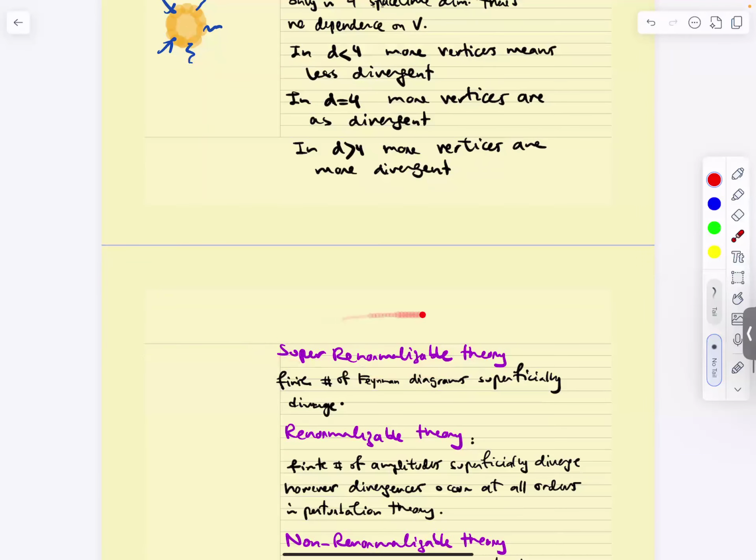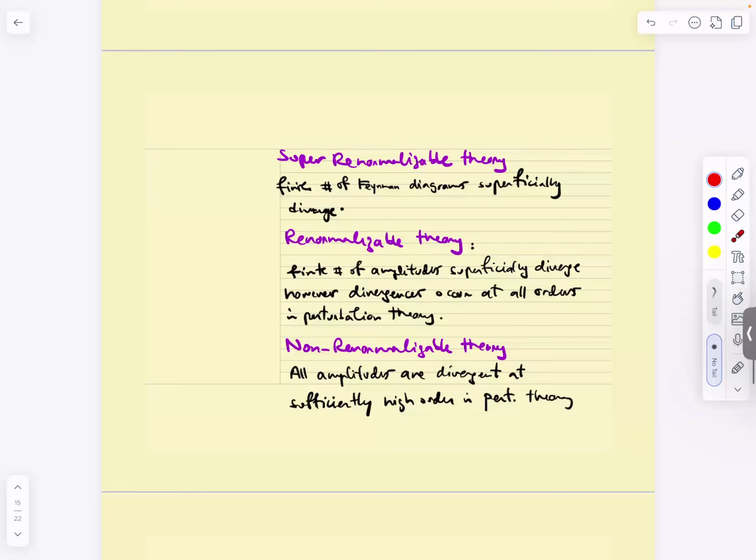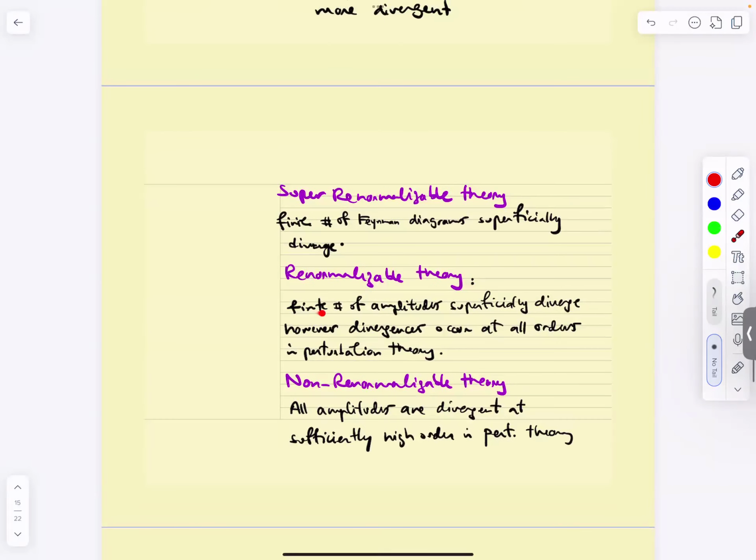So a theory is super renormalizable if there's only a finite number of Feynman diagrams that superficially diverge. QED in dimensions less than 4 space-time dimensions is super renormalizable. The theory is renormalizable if a finite number of amplitudes superficially diverge. However, divergences occur at all orders in perturbation theory.